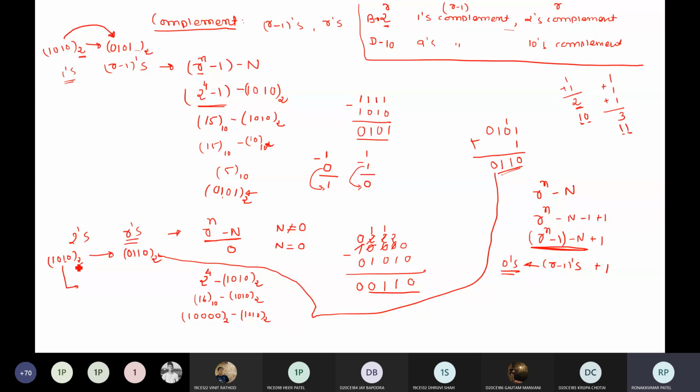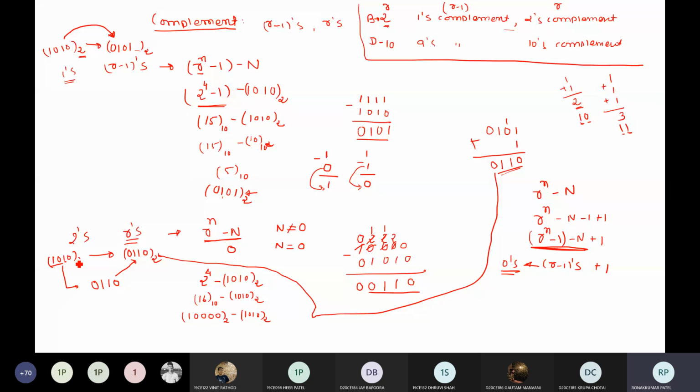Until you get the first 1, keep the number as it is. So 1 0, 0 as it is, 1 as it is. Now for the remaining number, convert 0 into 1 and 1 into 0. That is your 2's complement.